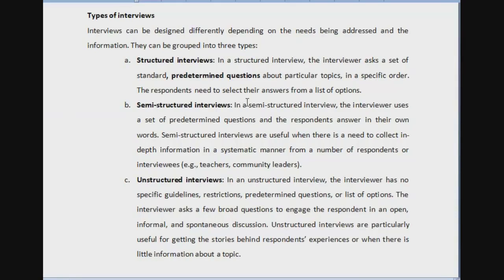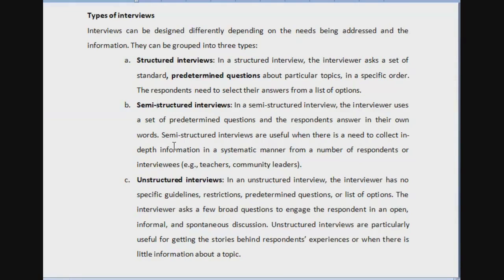Next is semi-structured interview. What happens here is that the interviewer uses a set of predetermined questions and the respondents answer in their own words. That means you are not given options. When asked whether you have exams this month or next year, you don't have options as such, but you can use your own words. Maybe you can say, yes, this month only, from 15th I have my exams.